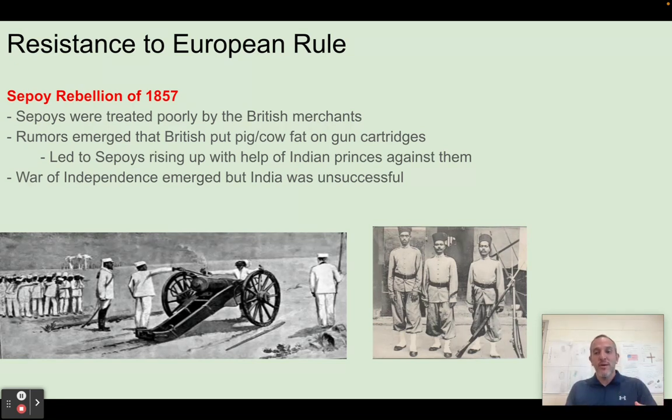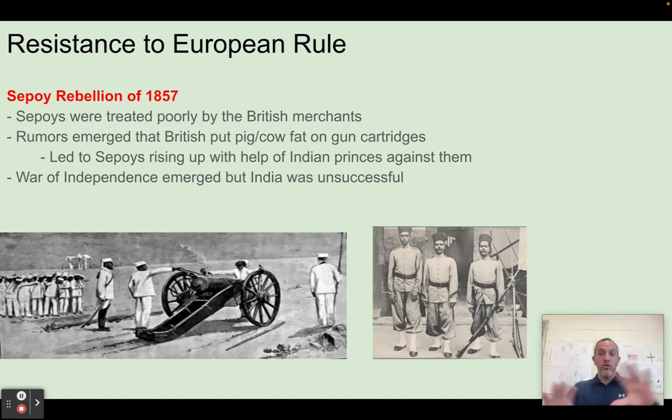Basically, if you know anything about Hindus or Muslims, Hindus revere the cow, and any kind of cow grease or cow fat is seen as sacrilegious to ingest for a Hindu. Meanwhile, Muslims view the pig as an animal that is beneath humans to eat, and it's something that you shouldn't eat. So most devout Muslims are not eating any type of pork, no bacon, no ham.